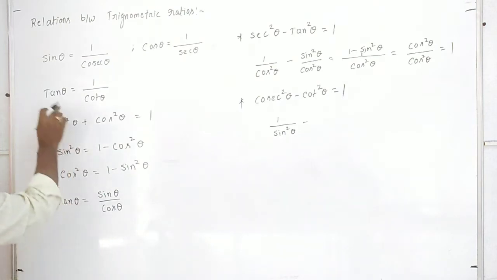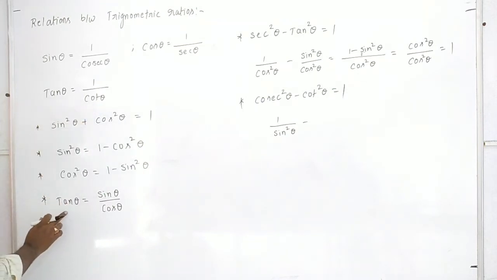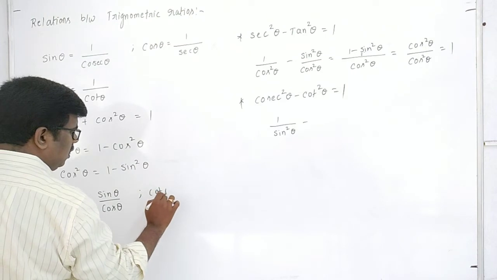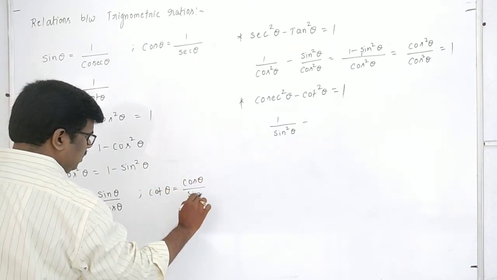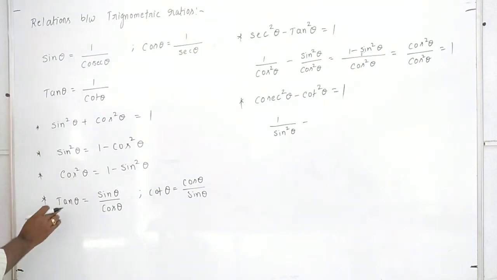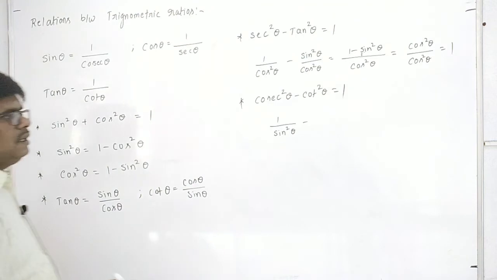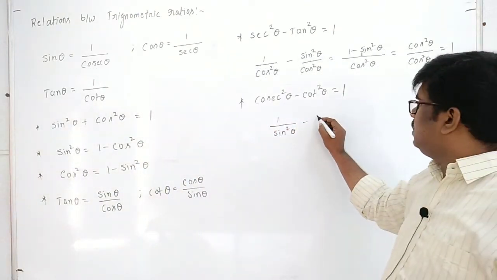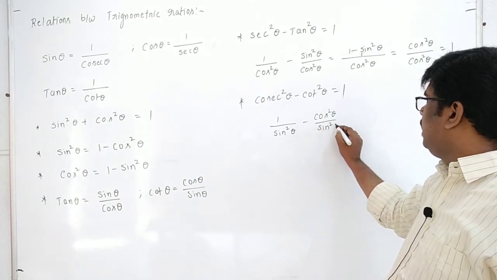If tan theta is sin by cos, cot theta is cos theta by sin theta. So you can understand it like that. So cot square theta is cos square theta by sin square theta.